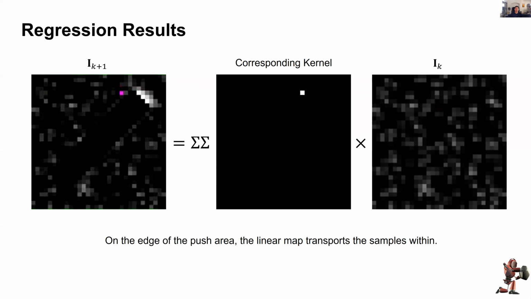But as we go near the edges of the push area, something interesting starts to happen. It has actually learned the kernel. It will multiply the swept area, add those together, and then put them in that location. It also predicts some spills on the side of the area.